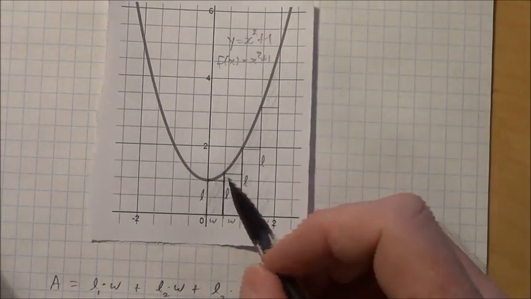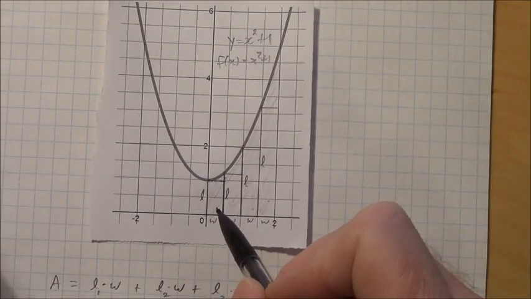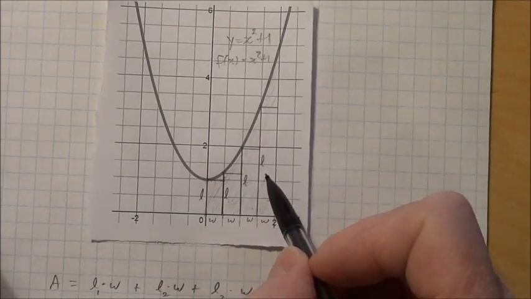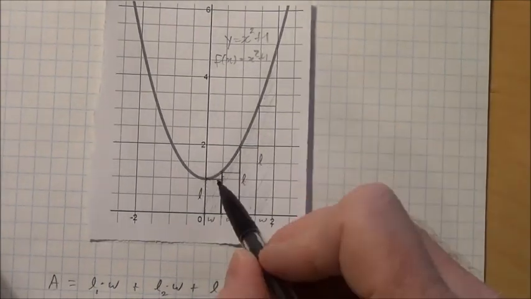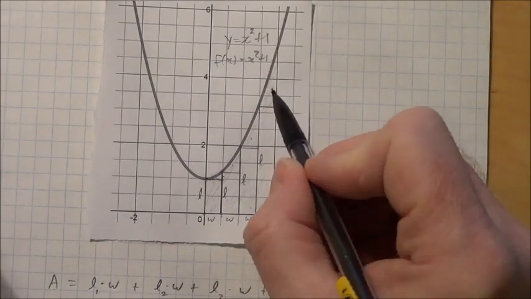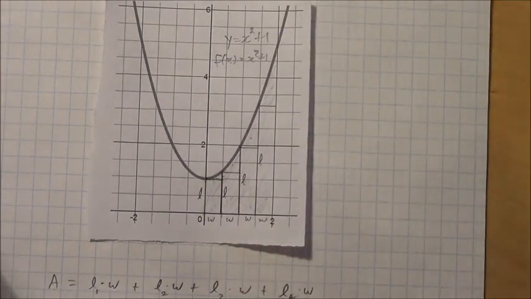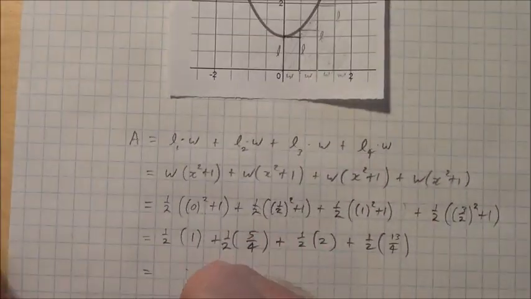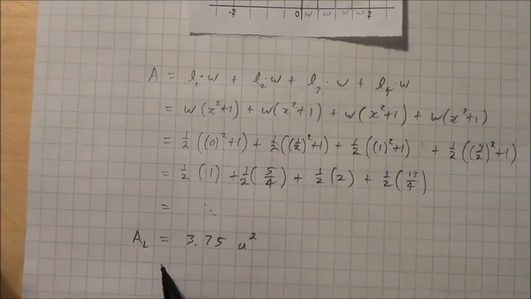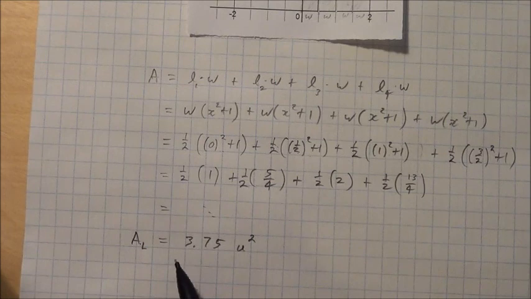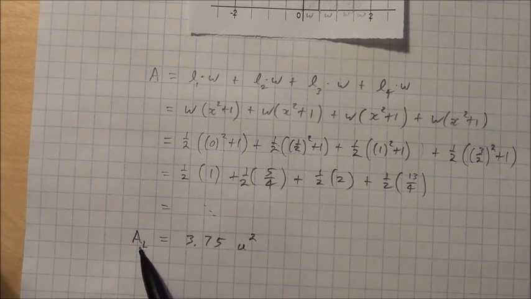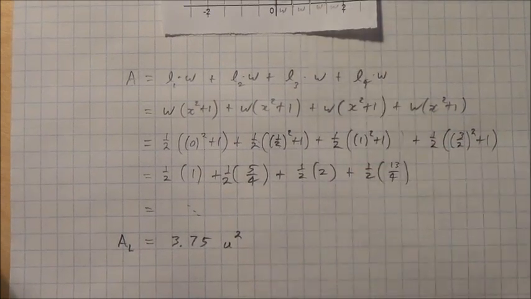So the area of this strip plus this plus this plus this is going to be less than the whole area under the curve because there are these empty spaces that we haven't calculated the area for yet. Okay, so this is called the area of the lower limit, or the lower rectangles. So this is the area of the lower rectangles when we calculate all this.